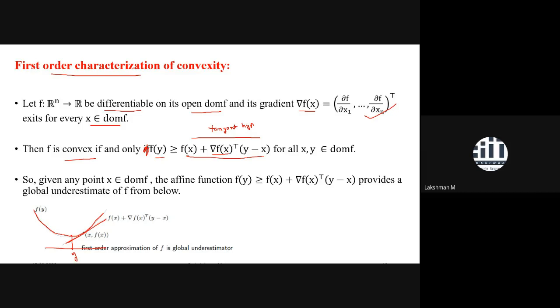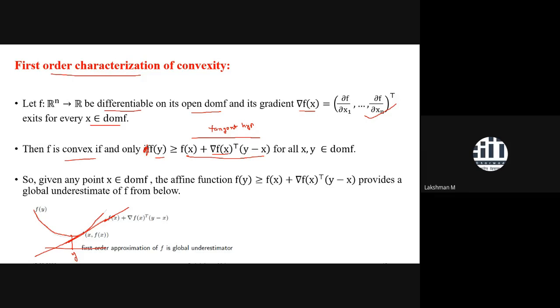So you can say that the tangent hyperplane is providing a global underestimator or global lower bound for the given function. At any point you can observe, globally, it is giving a lower bound of the function. Equality will happen only at the point x itself.